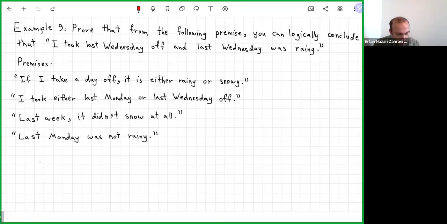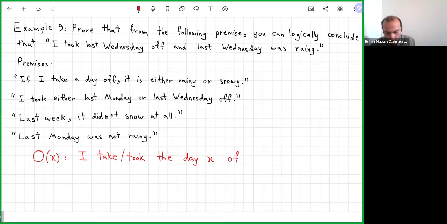So let me assign some names. Because I have, for example, Monday is rainy, Wednesday is rainy, Monday is snowy, I have two versions. Instead of giving two different propositions to them, let me use the same name, but it has a name of a day in it as well. So for example, I define O_X to be: I take or took the day X off. That's one proposition, so I can talk about Monday or Wednesday.